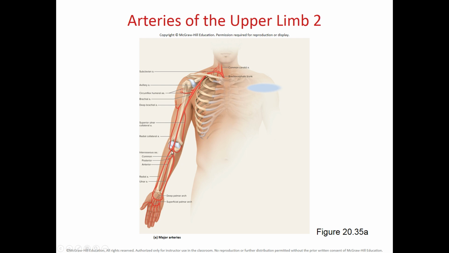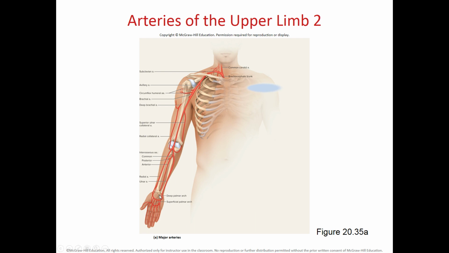And then in here, the brachial splits into the radial on the lateral side and into ulnar on the medial side. And of course, the brachial will provide blood supply into the arm, and then the radial into the radial side of the forearm, and the ulnar into the ulnar side of the forearm.